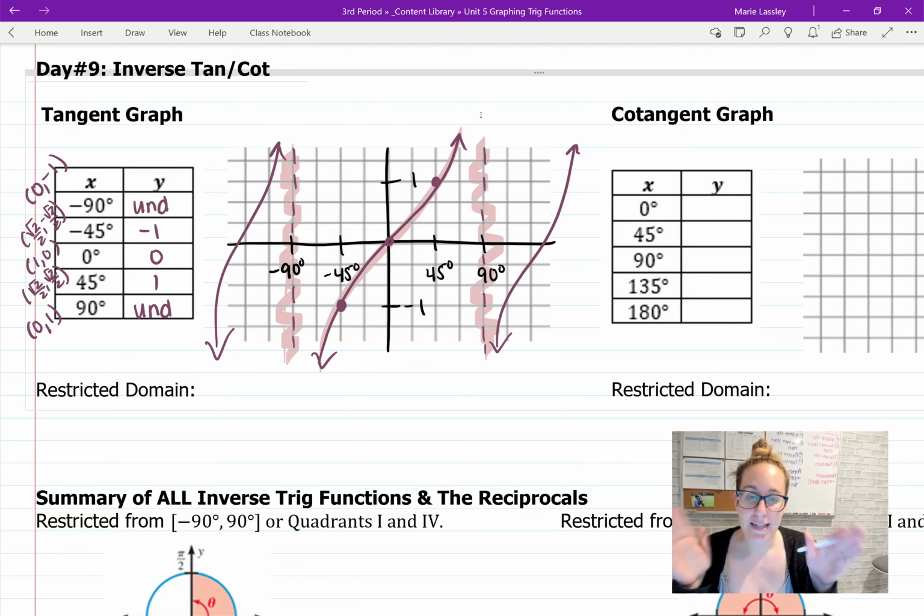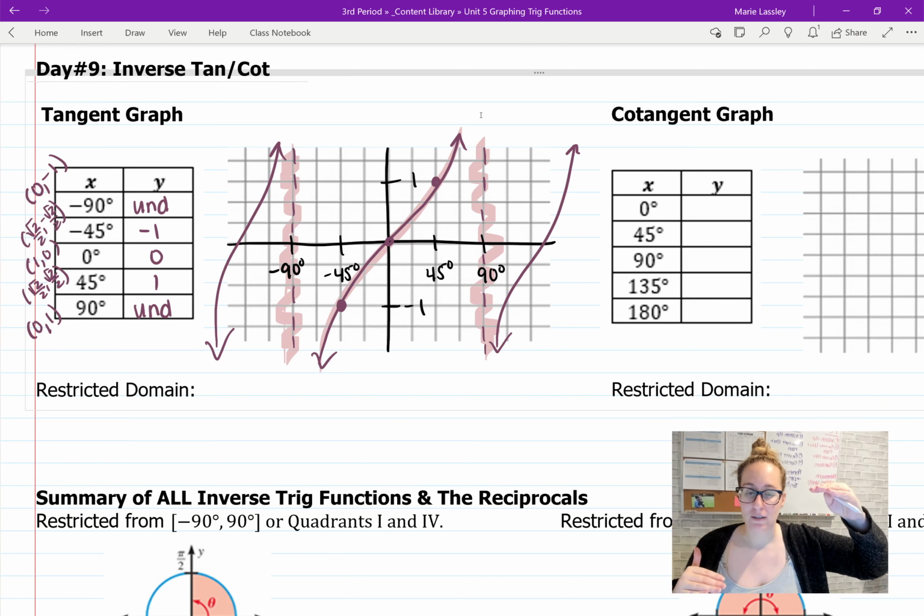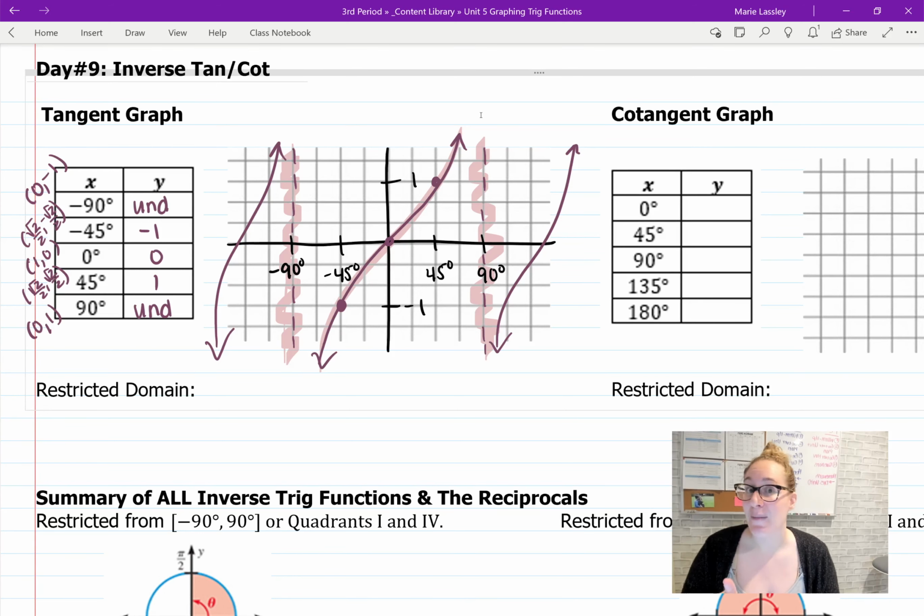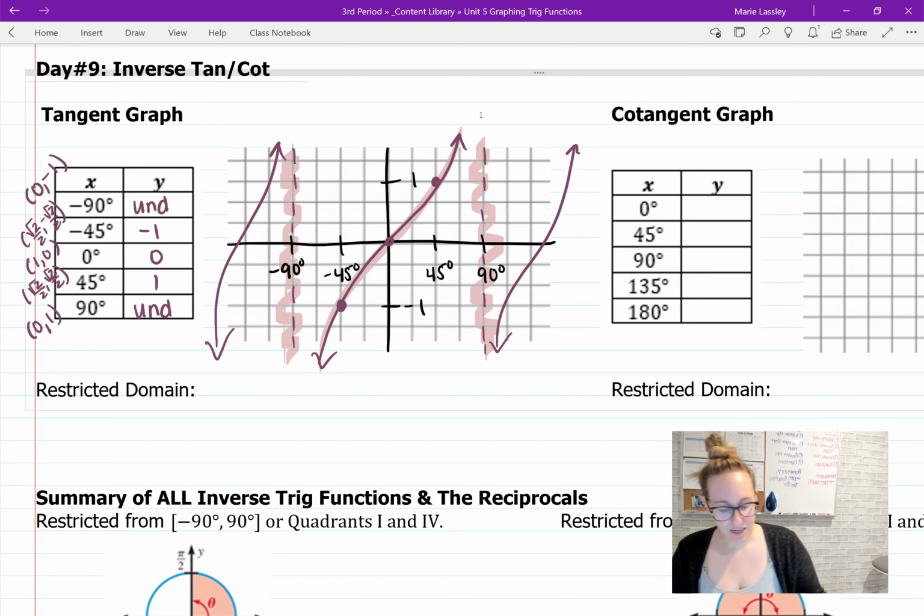In this section, we have both our max and our min values, and it passes both a vertical line test and a horizontal line test. So our restricted domain for tangent is -90 degrees to +90 degrees, which is the same as our sine and our cosecant functions.